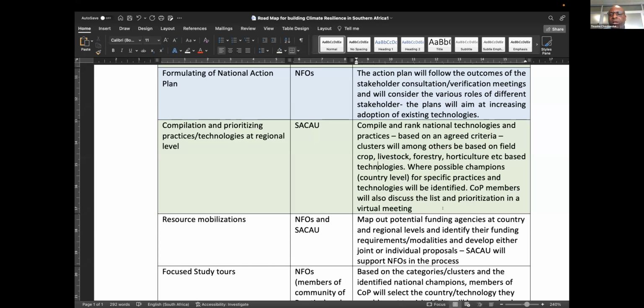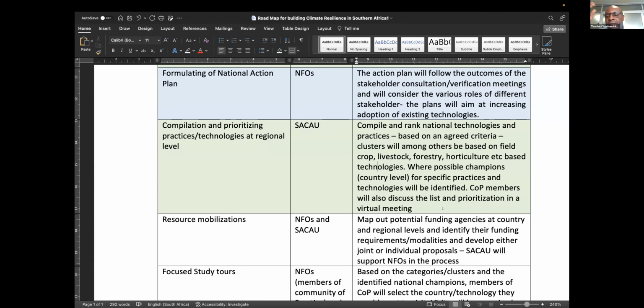We will be working with others, but we need somebody who will be leading this process, so that, like we said, we have people or entities responsible for specific activities. This again helps when you try to monitor and evaluate.